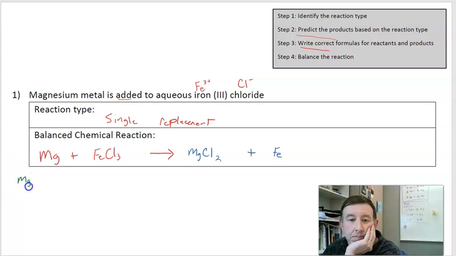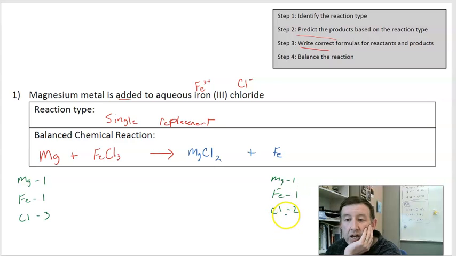I've got magnesium, and on this side I've got 1. I've got iron, 1 of those, and chlorine's 3. On this side of the reaction, I have 1 magnesium, 1 iron, and 2 chlorines. All right, so my chlorides are not balanced out.